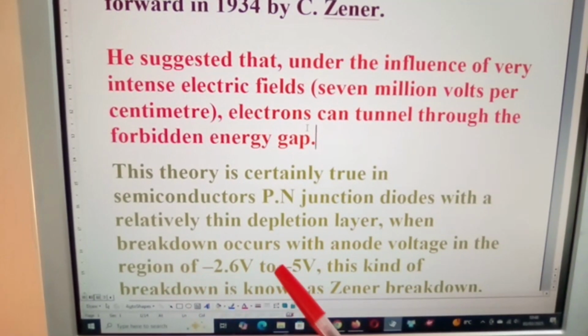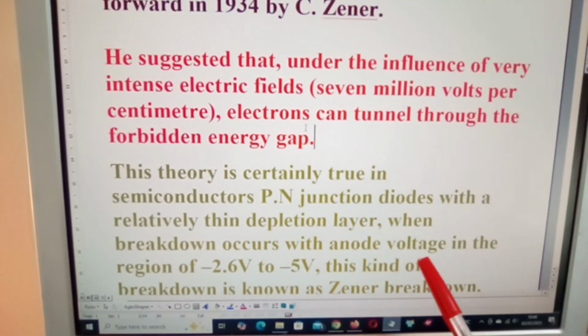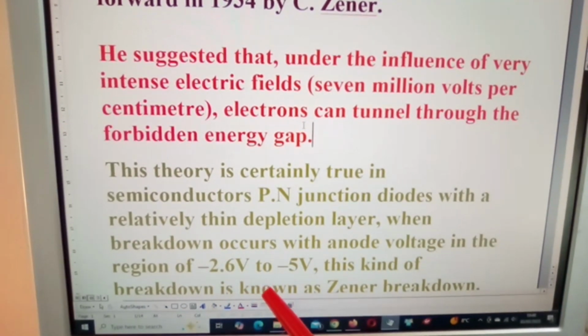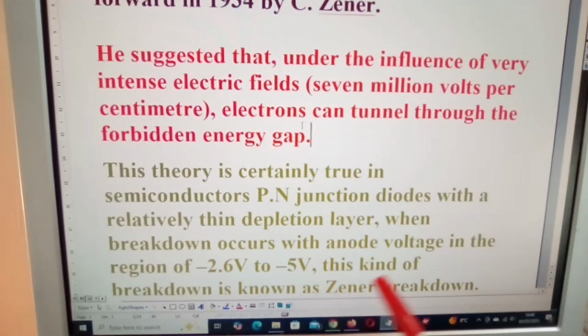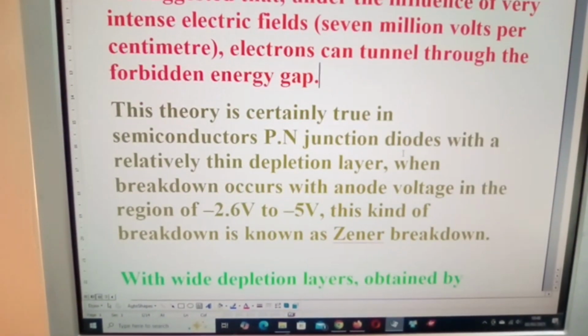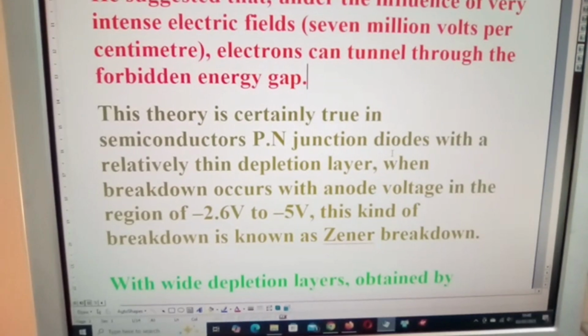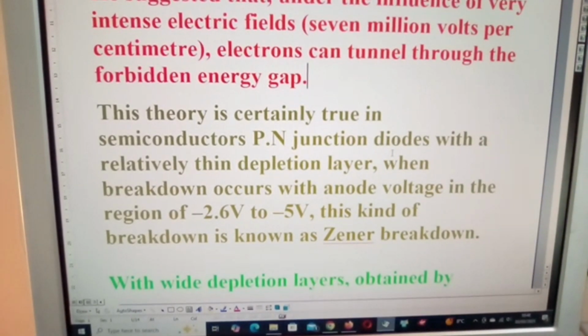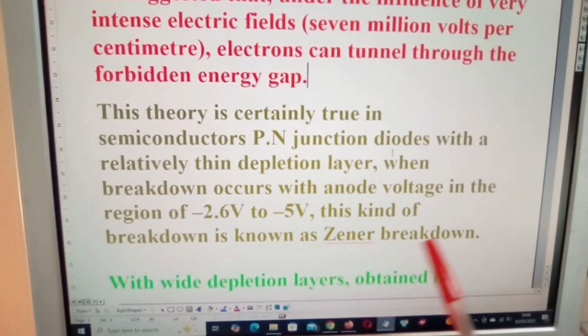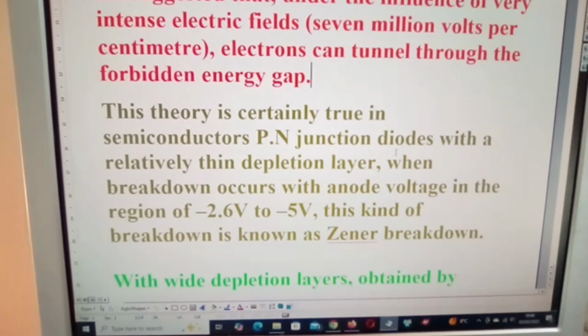When breakdown occurs with an anode voltage in the region of 2.6 to 5 volts, this kind of breakdown is known as Zener breakdown.